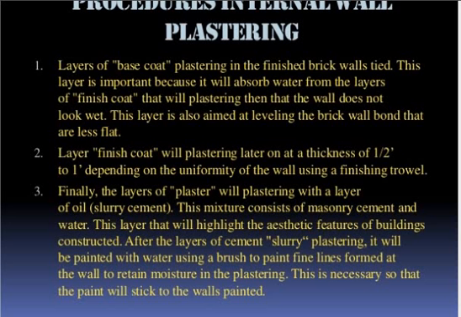This mixture consists of masonry cement and water. This layer will highlight the aesthetic features of the building constructed. After the cement slurry is applied, it will be painted with water using a brush to make fine lines on the wall and retain moisture in the plastering. This is necessary so that the paint will stick to the painted wall.